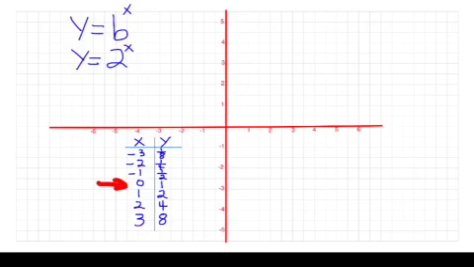So here's my table. And let's go ahead and graph this table by putting the points in and connecting them with a line. Here's the graph. Notice that on the left side of 0, as the graph begins to go toward negative infinity on x, notice what y does. The y values get smaller and smaller and smaller but approach 0, but they never get there.